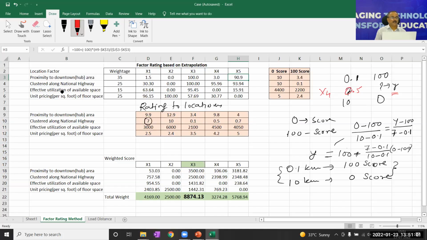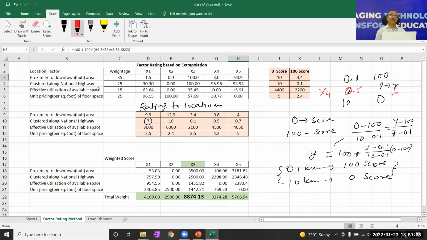Similarly, for effective utilization of space, if you look at exhibit number 3, it is mentioned that the total space required has an optimal range between 2000 to 2400.